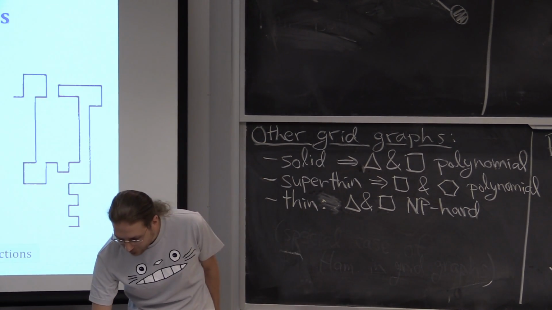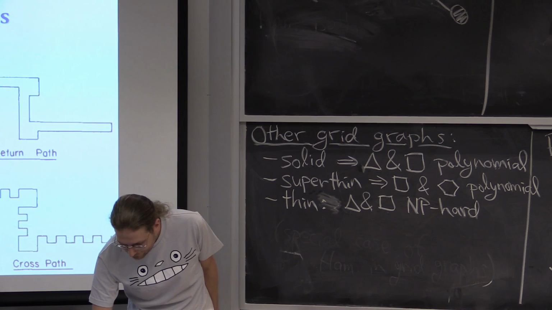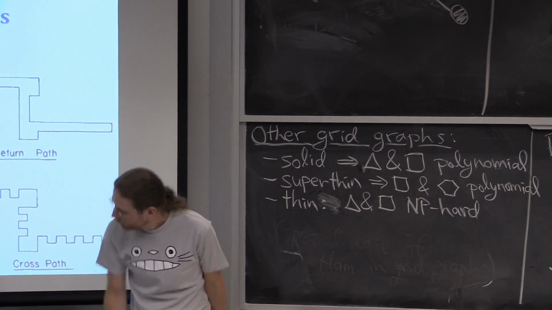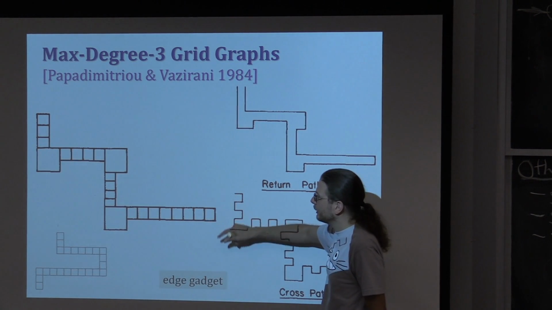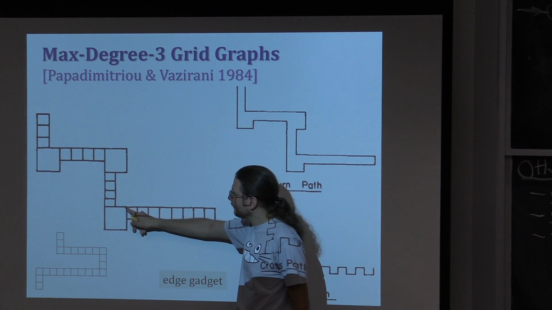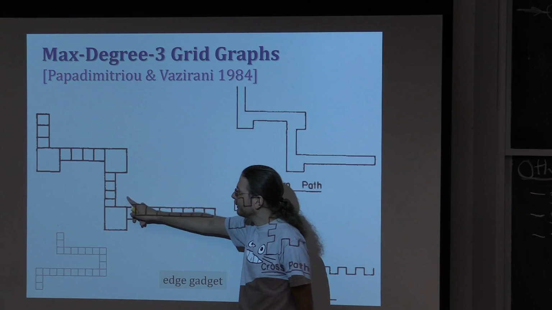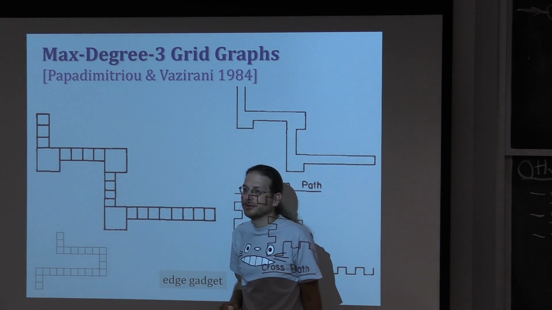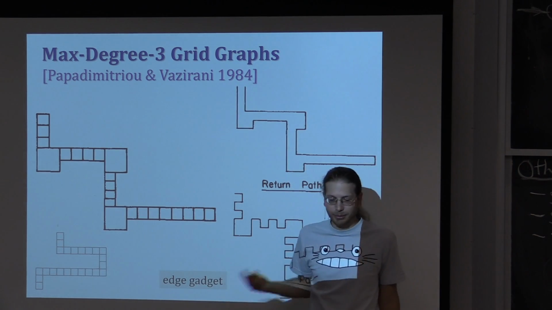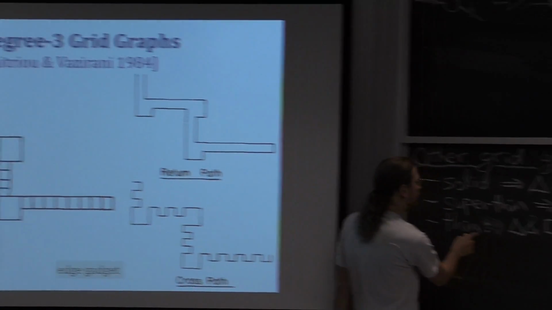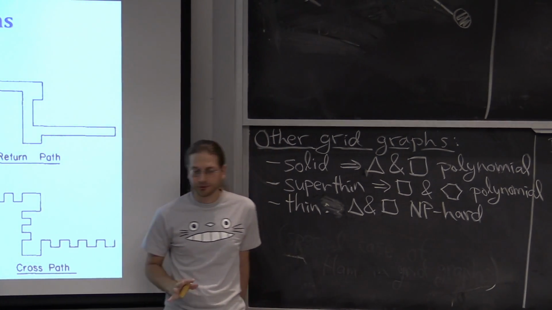One of them we have already proved. If you have a max degree 3 grid graph, then it must be on the boundary because of that absent pixel. So we already showed the thin case for squares is hard. Max degree 3 implies thin for squares.